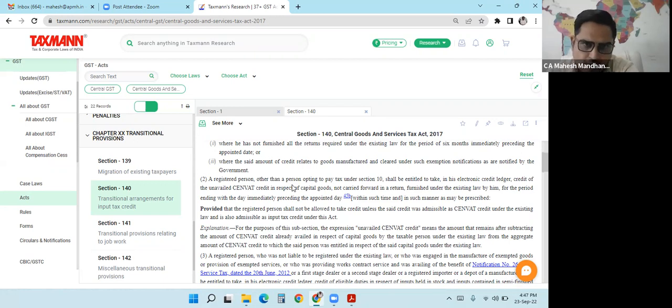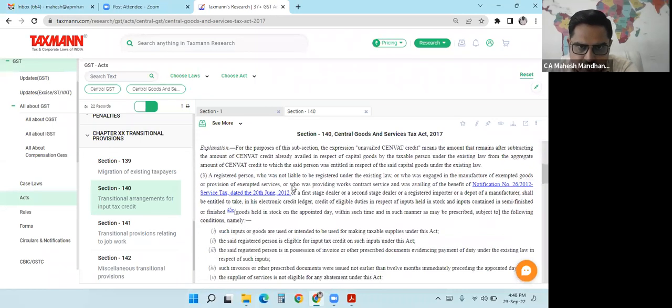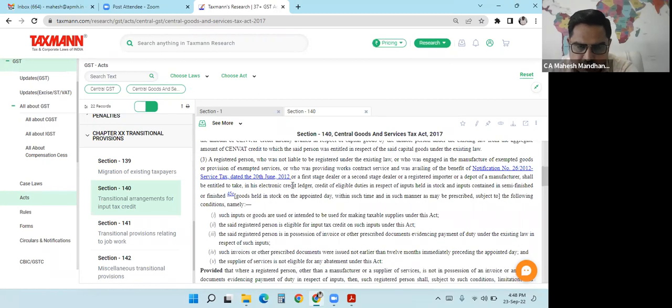So whatever unavailed credit was there on capital goods, it was allowed to be availed by way of a transitional credit. Then for those persons who were engaged in the manufacture of exempted goods or supply of exempted services under the existing law, that is Finance Act, Service Tax or Central Excise, for them whatever goods were in the stock, that is inputs, semi-finished goods, and the same goods have now become taxable under the GST law, or those services which were erstwhile exempted under the existing law have become taxable under the GST law.